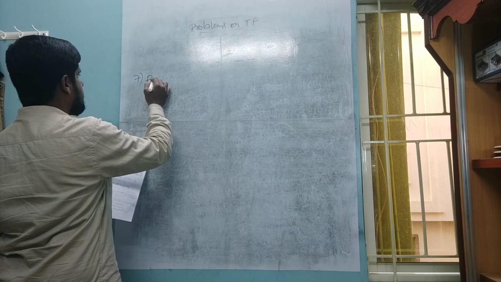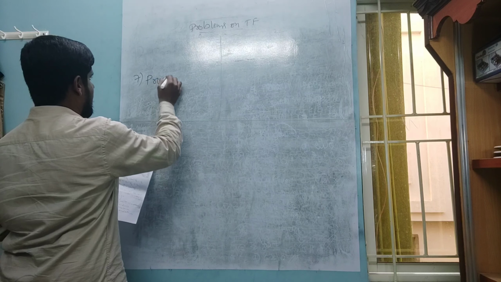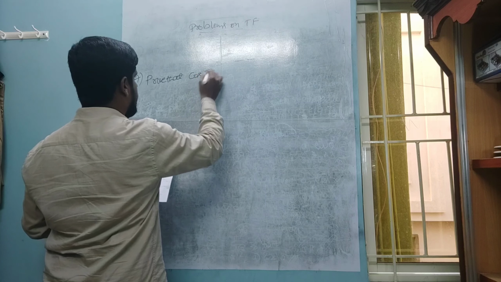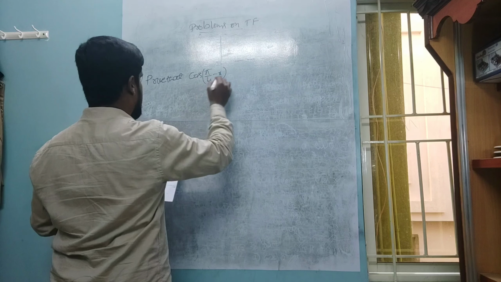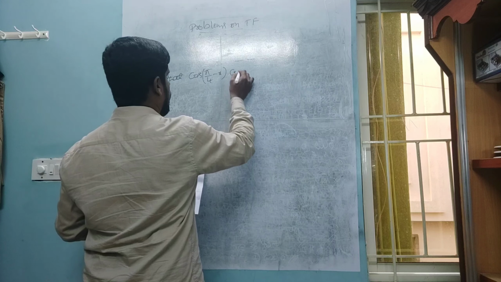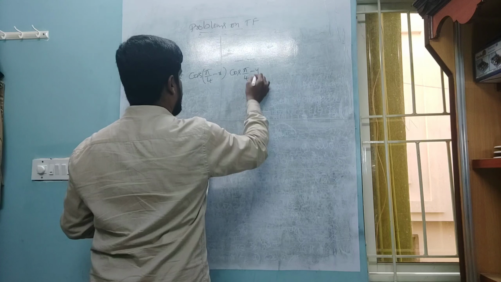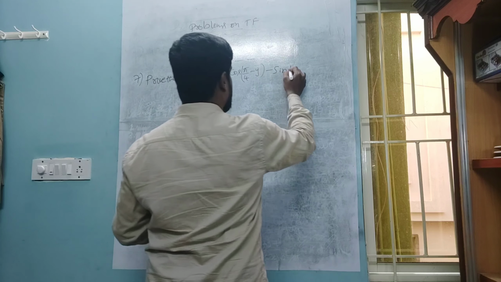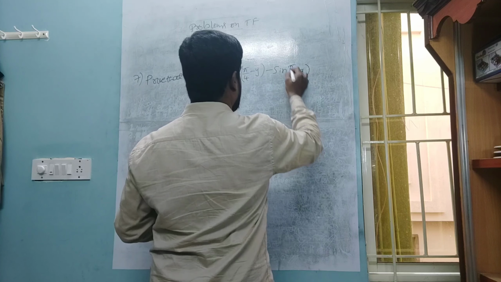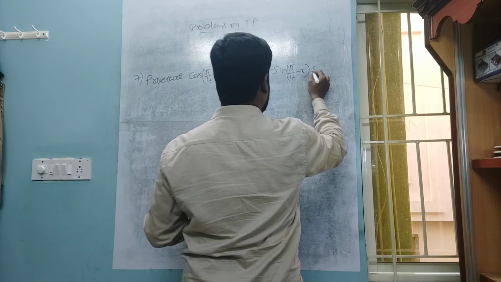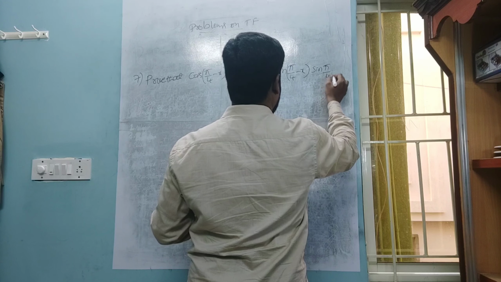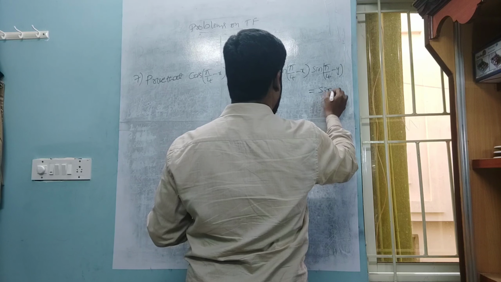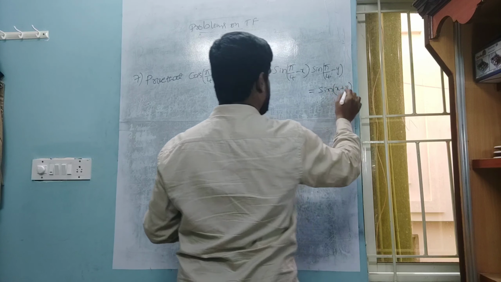prove that cos pi by 4 minus x into cos pi by 4 minus y minus sin pi by 4 minus x into sin pi by 4 minus y is equal to sin x plus y.